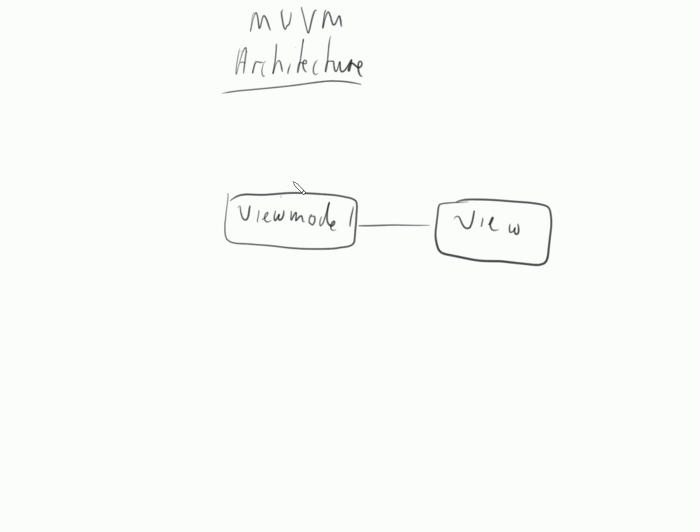So what a view model will do is set up data bindings. So our view knows only about the view model. Our view model does not know about the view.